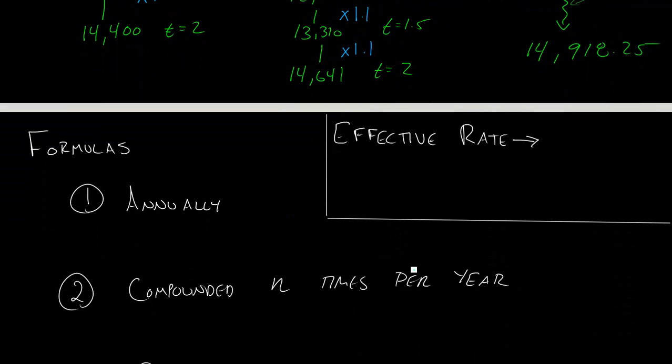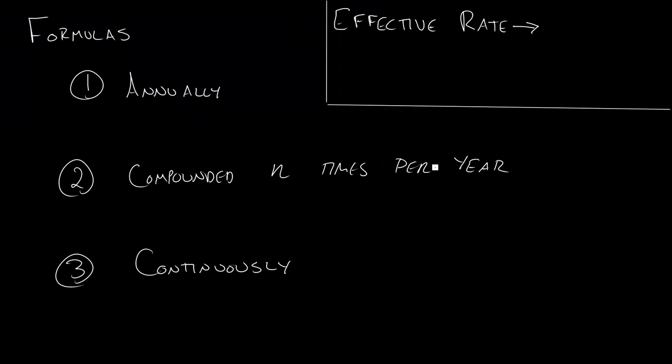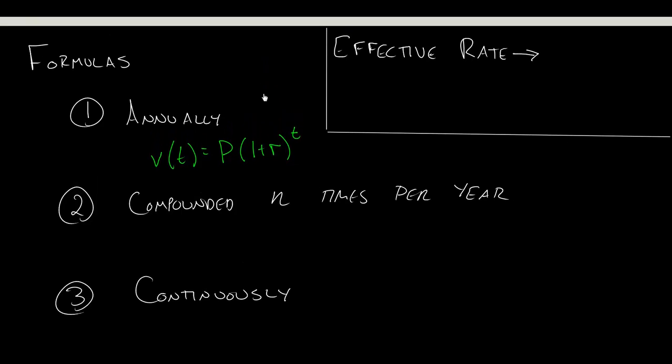So let's take a moment just to write down the formulas, and we'll see that the first one is the simplest. So for our annual rate of change, the value of my account at time t is going to be my principal, the amount I put in, times 1 plus my rate, all to the power of t, right? And we can see that that works.